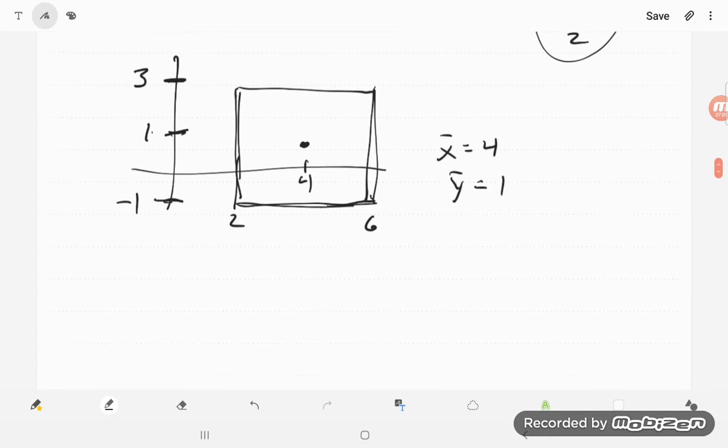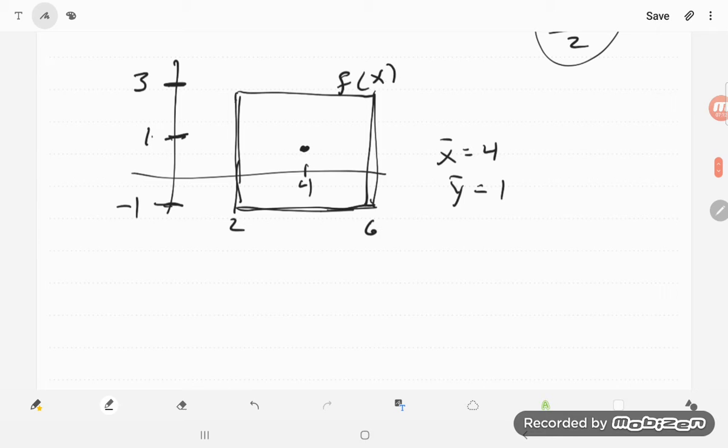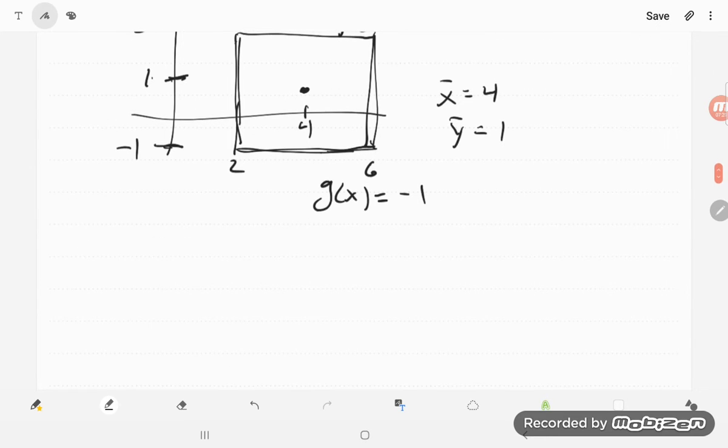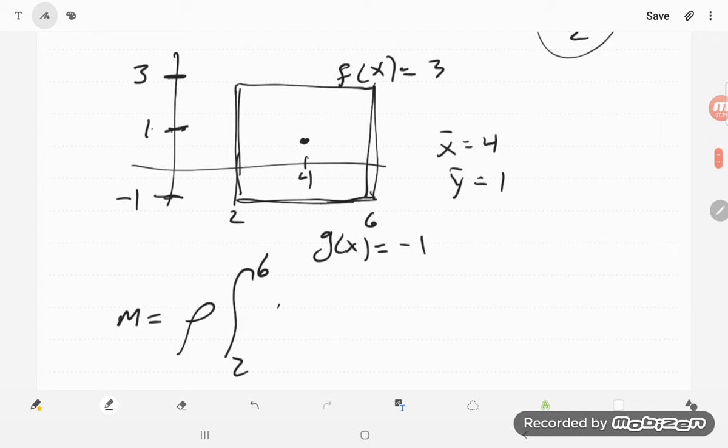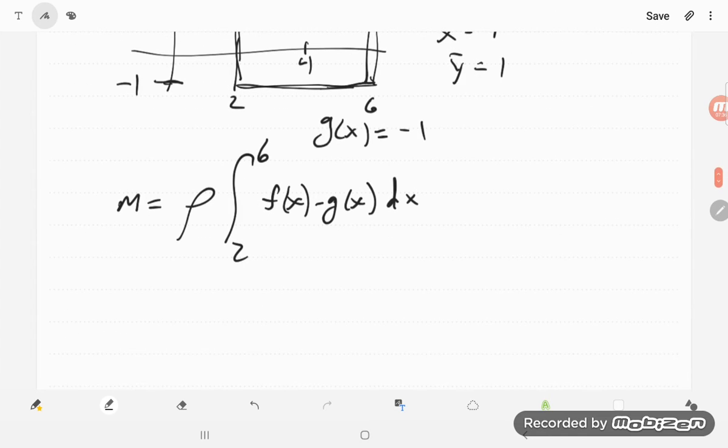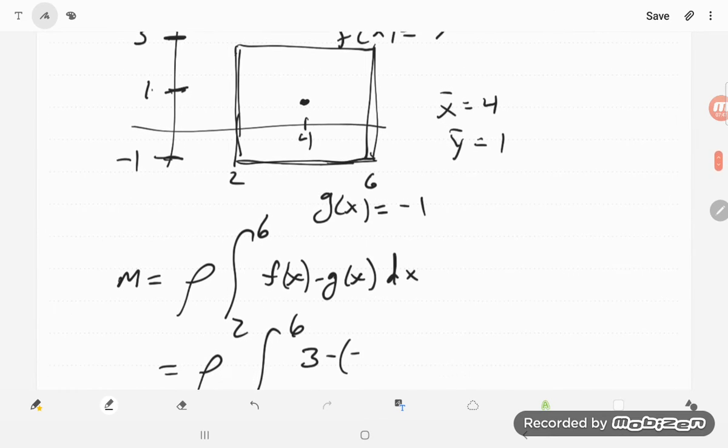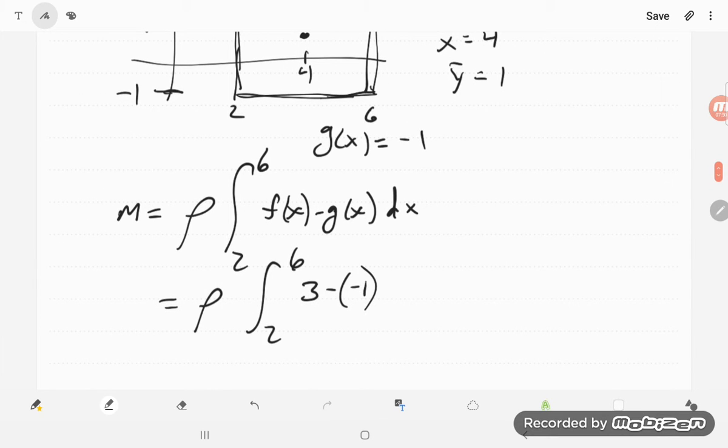Well, f of x is equal to the constant 3. g of x is equal to the constant -1. And m is rho times the integral from 2 to 6 of f of x minus g of x dx. So this is rho times the integral from 2 to 6 of 3 minus -1 dx.